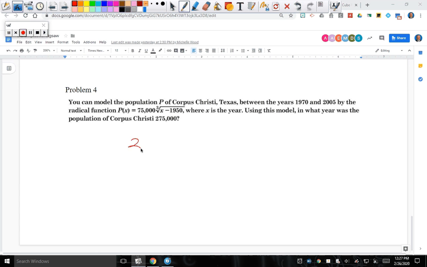P, right, as P of x. My y value is 275,000. So 275,000 is equal to 75,000 times the cubed root of x minus 1950. What do we do first? Divide by 75,000, right?